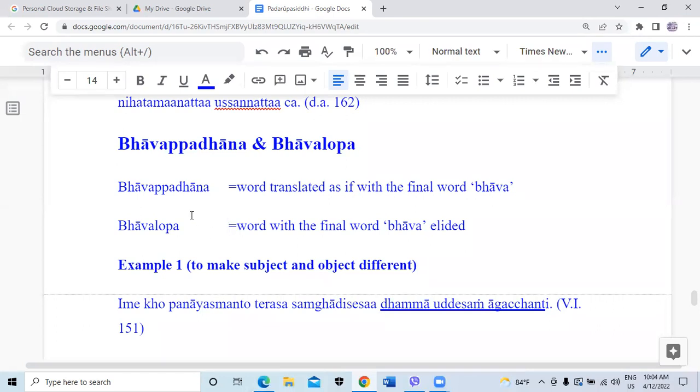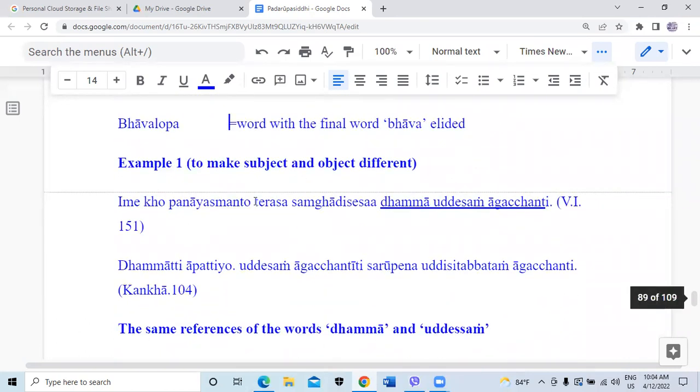And then Bhavalopa is a word with the final word power elided. Okay, with example one, to make subject and object different.